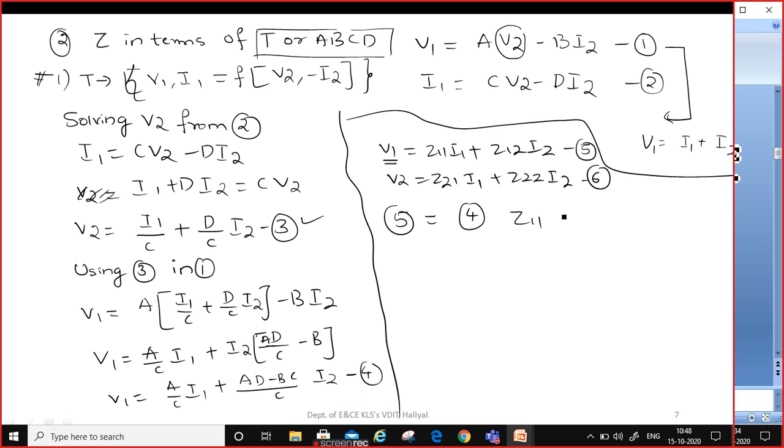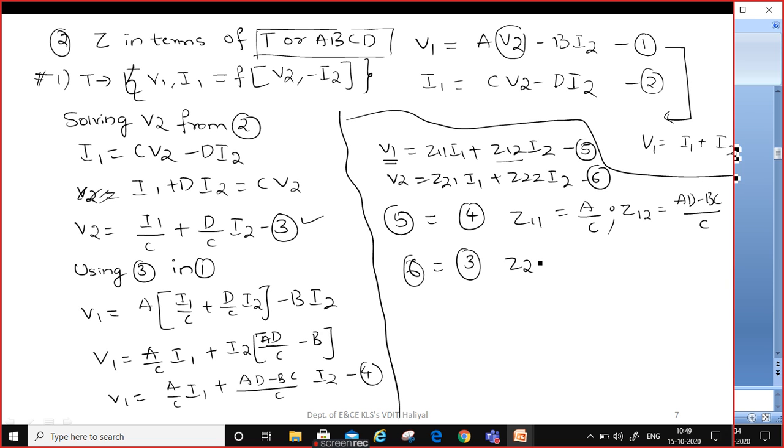Z11 will be A by C. Z12 will be (AD minus BC) divided by C. Similarly, compare equation 6 with equation number 3.